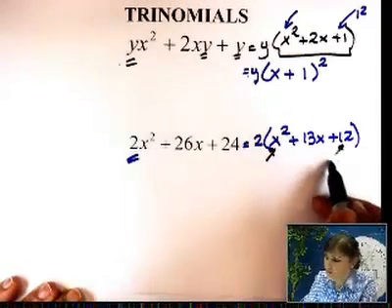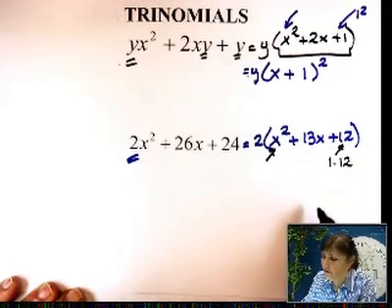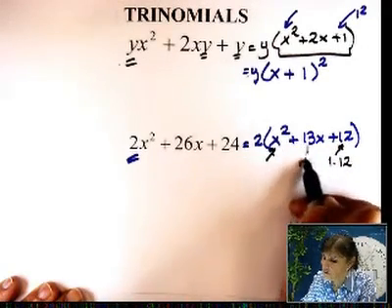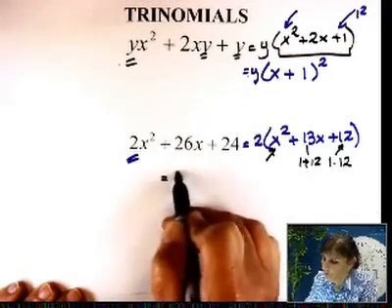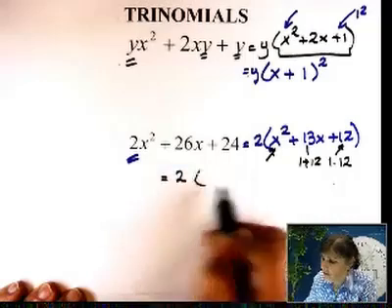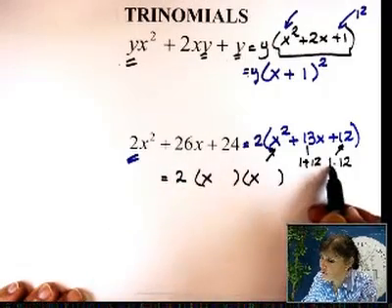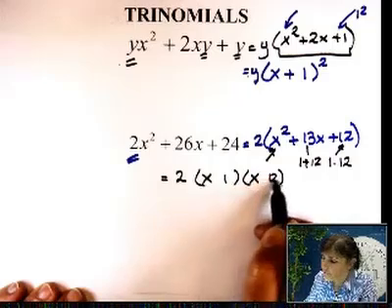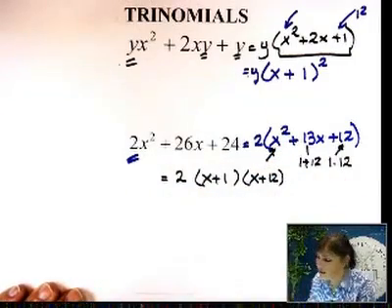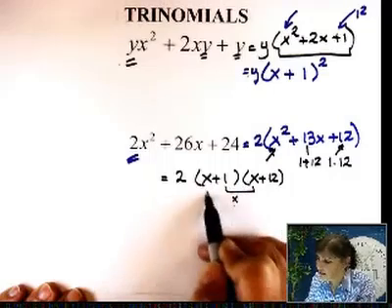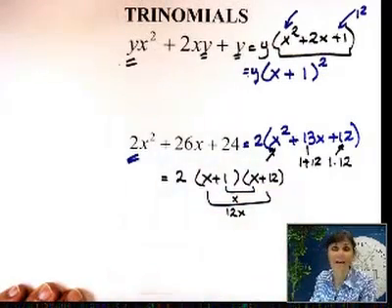I look at this one, and I can write this as 1 times 12, and this one is 1 plus 12. Okay, go watch that one if you don't remember. So this is going to be 2 terms. It's going to be x and x, and this is going to be 1 and 12. And they are plus because they are both plus. And I can check: this one is x, this one is 12x, 12 plus 1, that's 13. It looks like it.